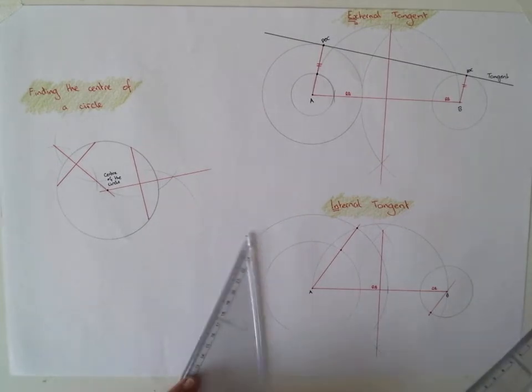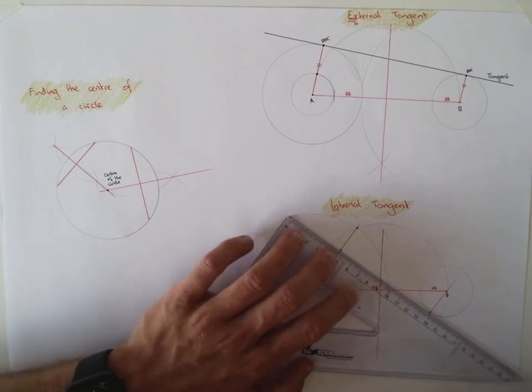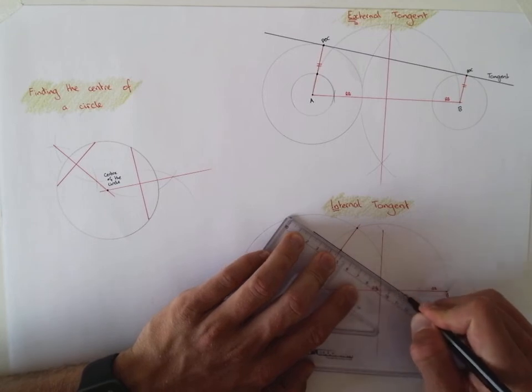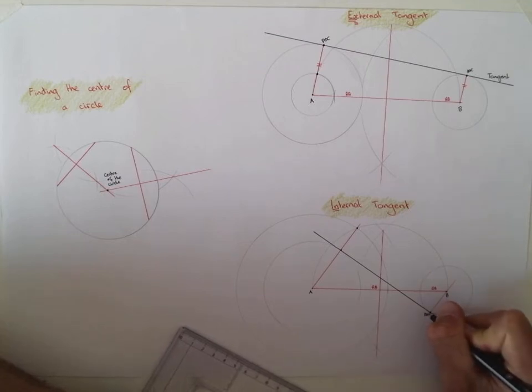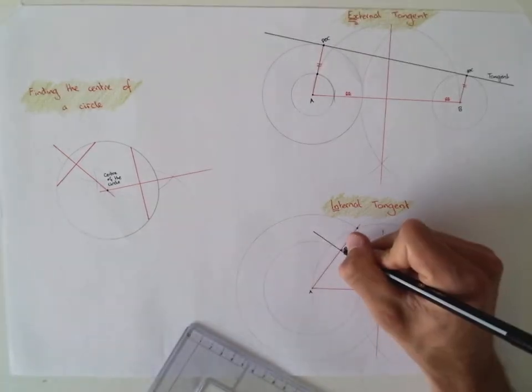You can go ahead and draw your tangent then. So you see how it fits in perfectly just within both of the circles. Go ahead and draw your tangent like that. And I'm just going to write tangent down here. And once again, POC for point of contact and POC for point of contact.